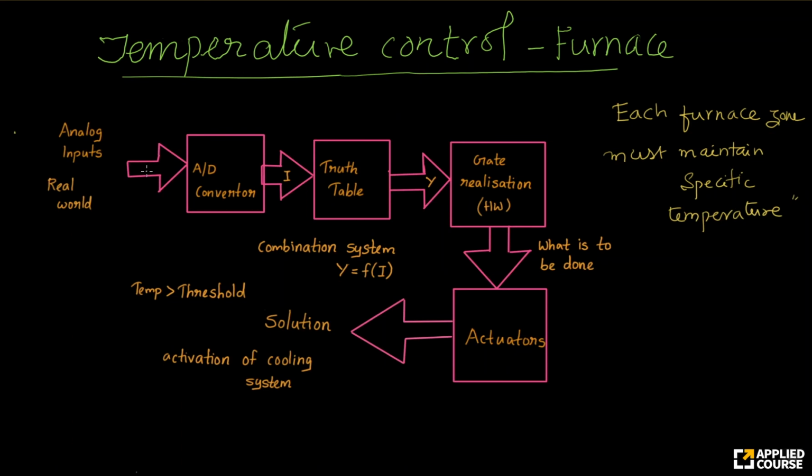As usual, the flow is very quick. The analog inputs of the real world problem are taken and converted into digital using an A to D converter. These digital inputs are used for devising the truth table. And once the Boolean expressions are there, we use the hardware for solving this Boolean expression, and it is going to tell what is to be done, and hence the answer will be either 1 or 0. 1 means perform some action, 0 means do not perform the action.